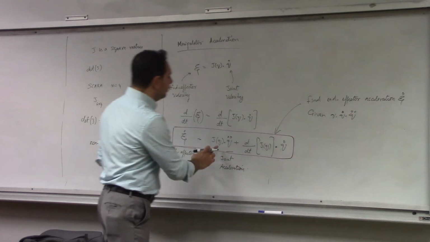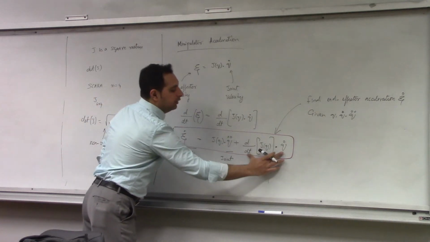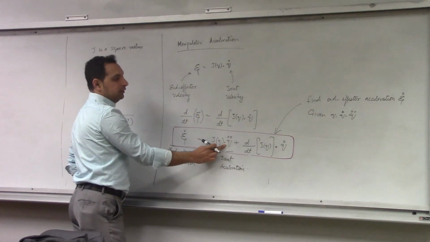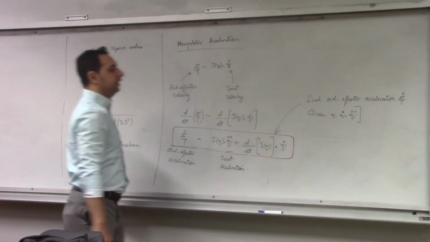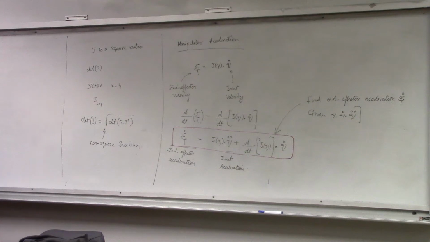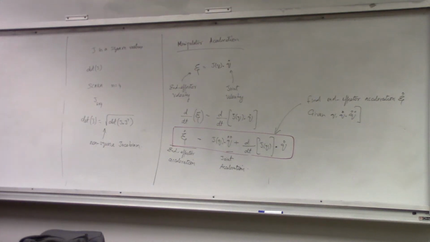We need q to compute J of q, you need q dot to compute the derivative of the Jacobian, and you need q double dot. So all three must be given, and then you can find the end effector acceleration. Now you can have the inverse problem, just like we did forward and inverse with velocity and position. We can do the inverse acceleration.